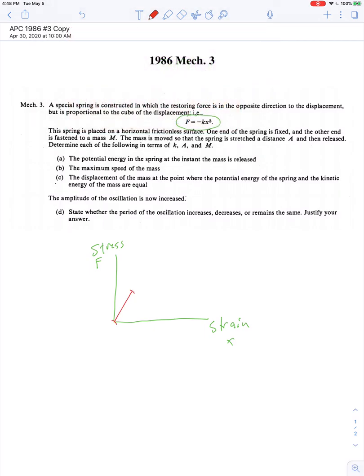That range is referred to as the proportional limit for the spring. Beyond the proportional limit is the elastic limit, where the relationship between stress and strain might go nonlinear. In this case, there is no linear relationship between force and displacement. Instead, it follows this cubic relationship.